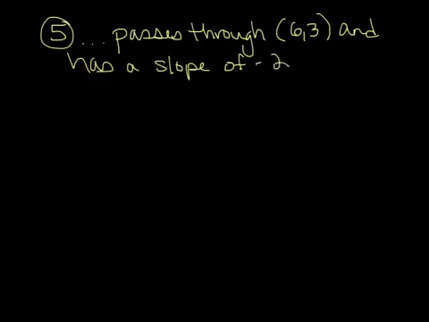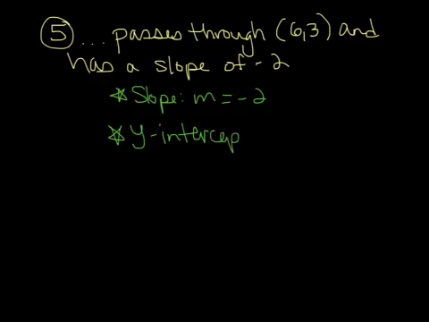So this one, they made it very nice by giving us the slope. So our slope is m = -2. Unfortunately, the y-intercept requires a little bit of work. So we're going to find the y-intercept by substituting in our point.